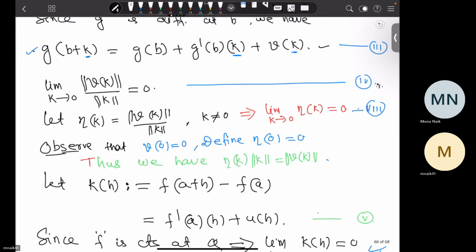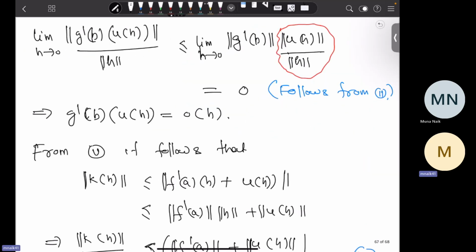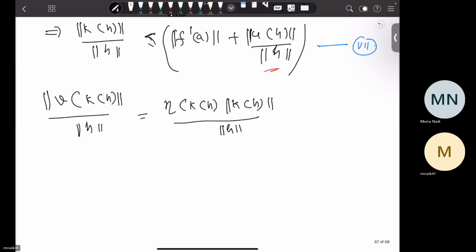And this norm of k(h) is less than or equal to eta k of h into norm of k(h) by h.